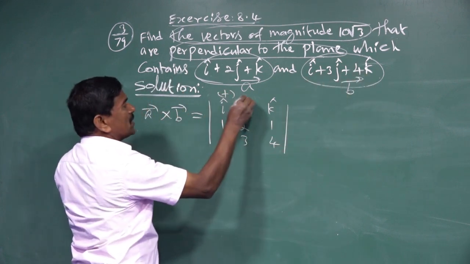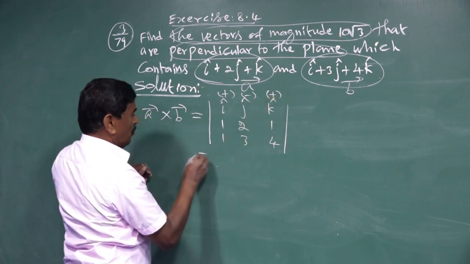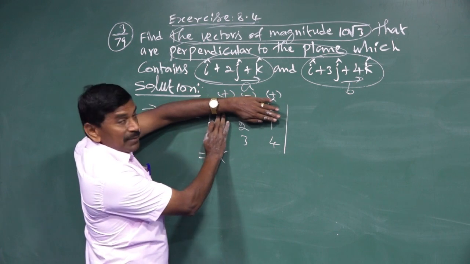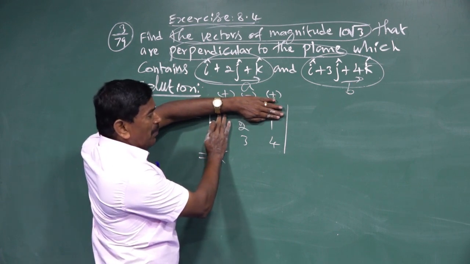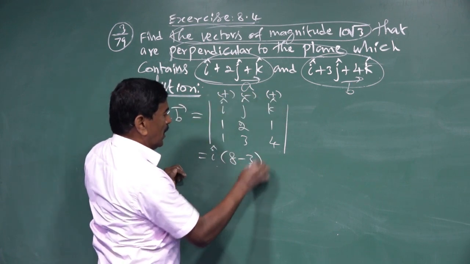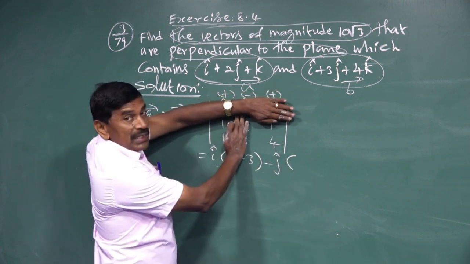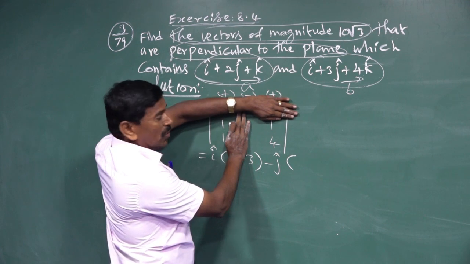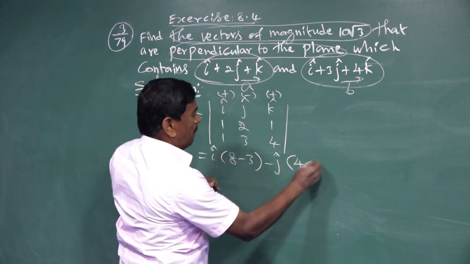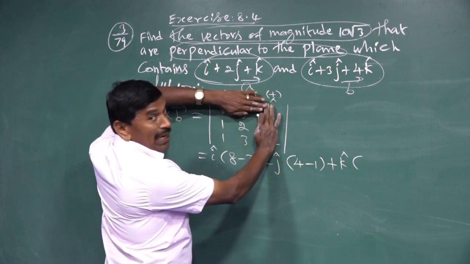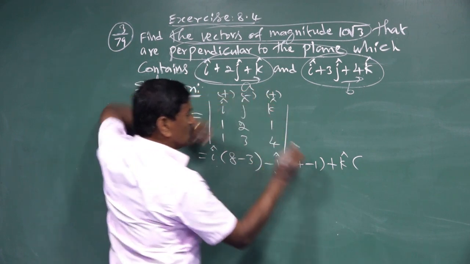Now, as usual, plus, minus, plus: i cap into 8 minus 3, minus j into, forgetting its respective row and column, 4 minus 1, plus k cap into 3 minus 2.